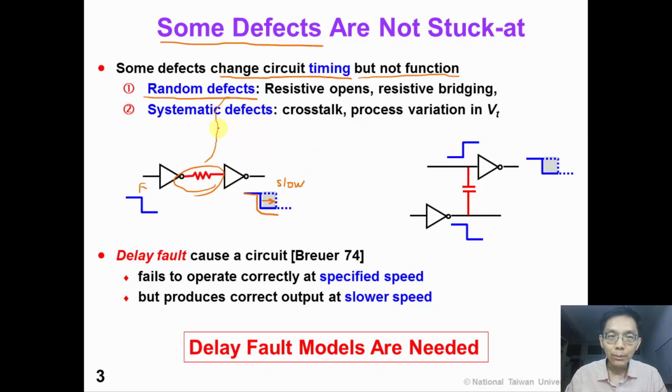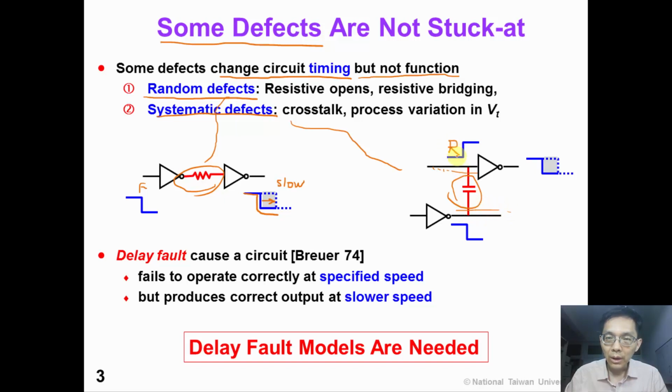A second example can be a systematic defect, such as crosstalk between these two wires. This might be a design mistake. These two wires are too close to each other, so they have a crosstalk problem.